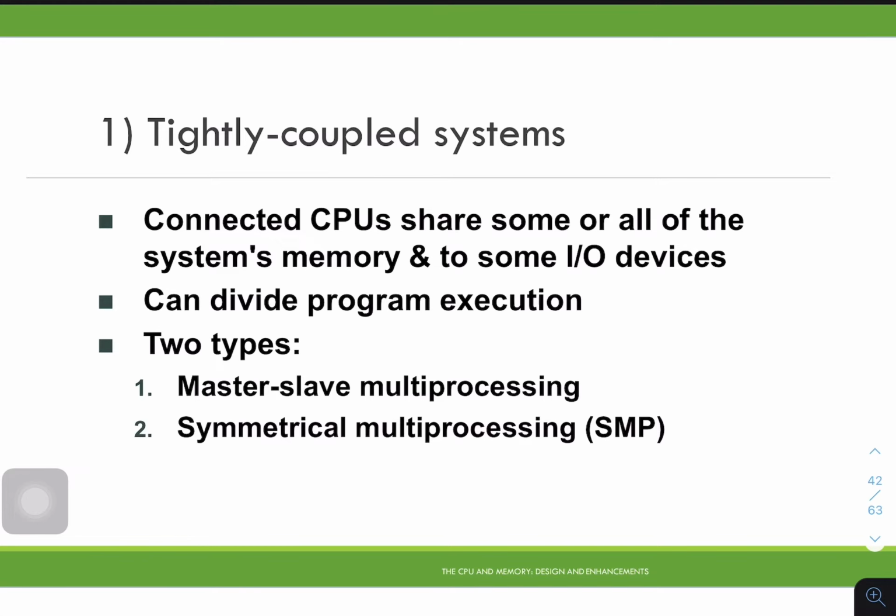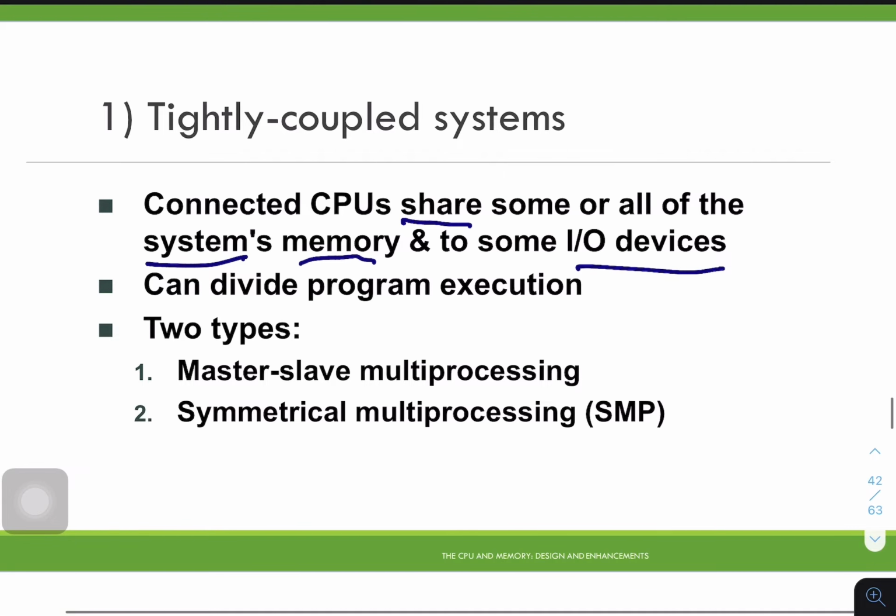Okay, so untuk tightly coupled ni, dia berkongsi ataupun share the system. Share the system, share the memory, and also share the input-output devices. Okay, so ada dua jenis tightly coupled. There are two types. The first one is master-slave, and the second is symmetrical multiprocessing.